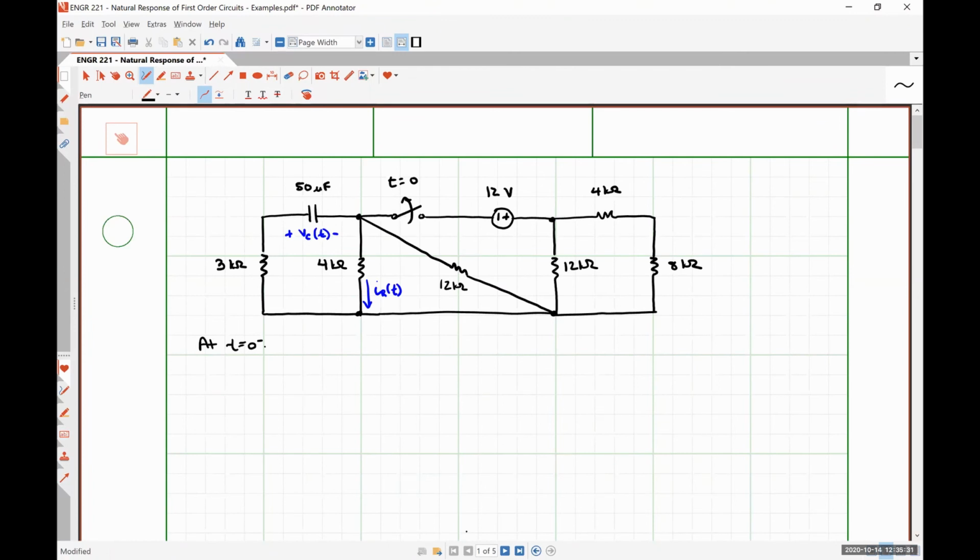So at t equals 0 minus, we are going to replace our inductors and capacitors with their DC steady state equivalent. Does anybody remember from Dr. Harbor's lecture on Monday what the DC equivalent of a capacitor is, since this is a capacitor problem?